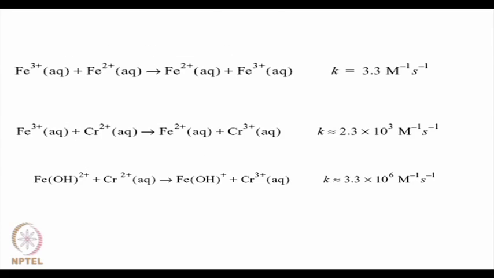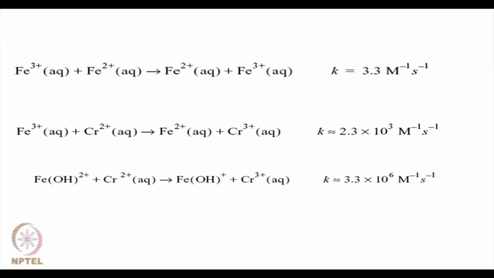Okay. Typical examples: ferrous ferric case, ferric aqueous plus ferrous aqueous giving rise to ferrous aqueous plus ferric aqueous. There is an electron transfer between ferrous and ferric. It is 3.3 mole inverse second inverse.